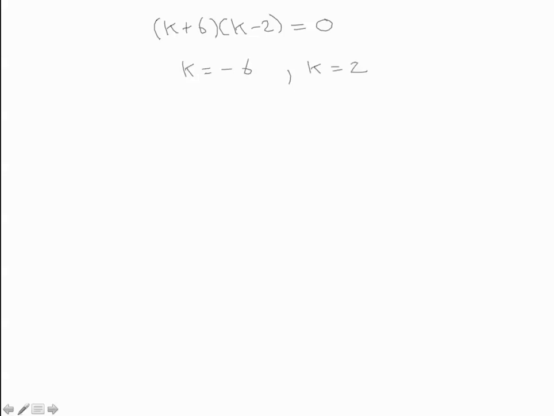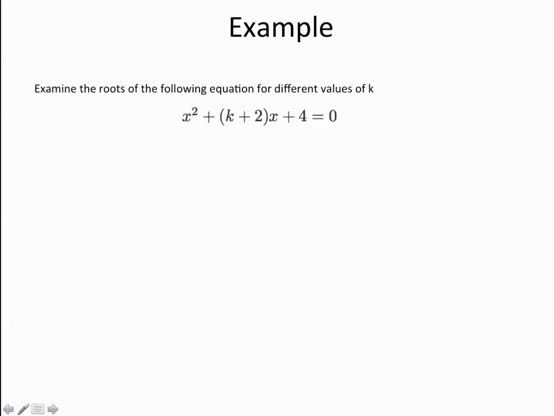Now, when k equals negative 6 and when k equals plus 2, we would get an equation where we have (k plus 6)(k minus 2) equals 0, k equals negative 6 and 2. For these two values, we only get one root.